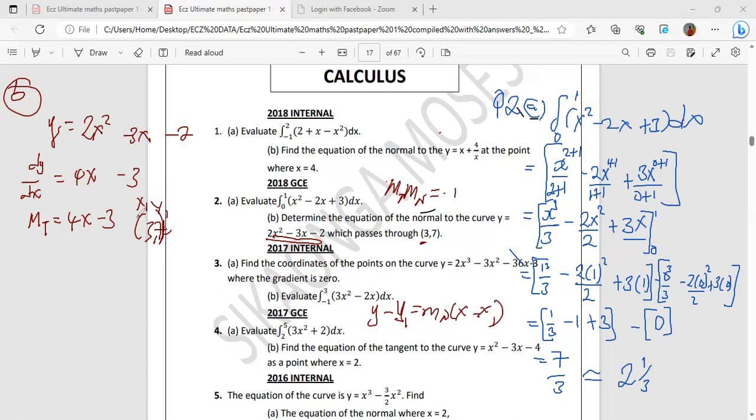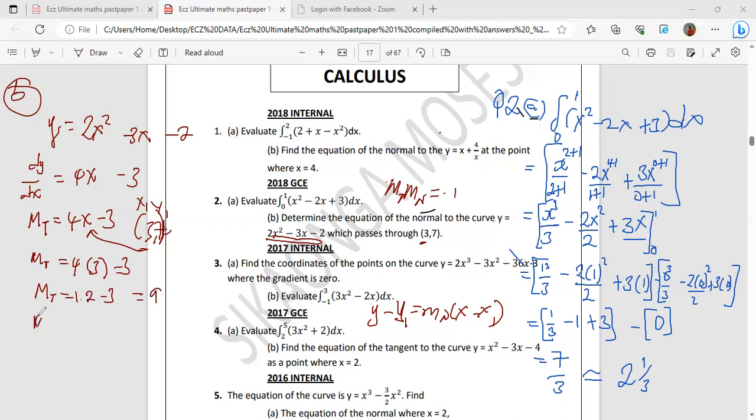So we're going to get this x value here and replace it there. So we're going to get our gradient of the tangent as 4 multiplying 3 minus 3. It's 12, 12 minus 3. This is simply going to give us a 9.